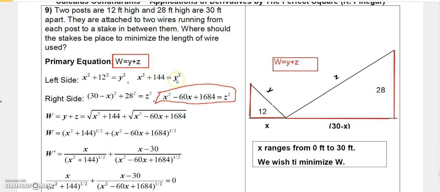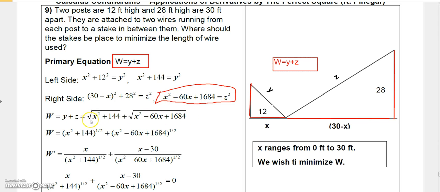So now take the square root of this, and that'll give me y. The square root of y squared is y, so the square root of x squared plus 144 must be y, and the square root of this trinomial must be z.